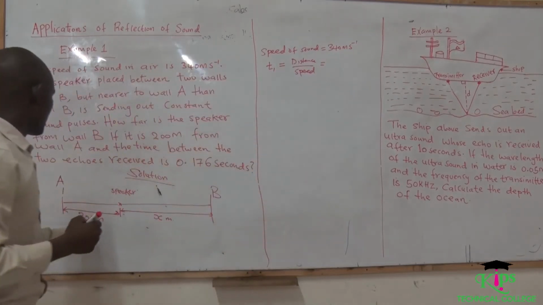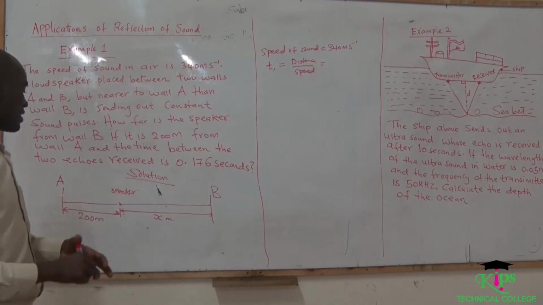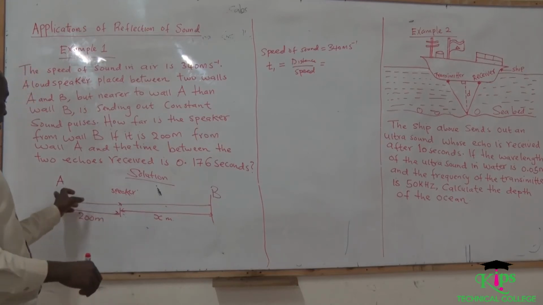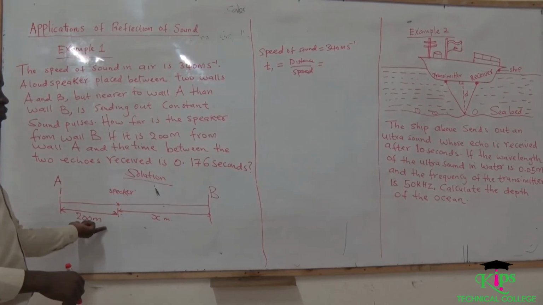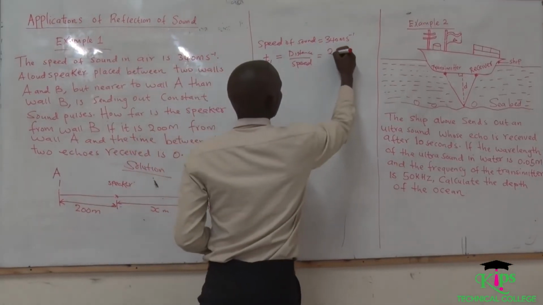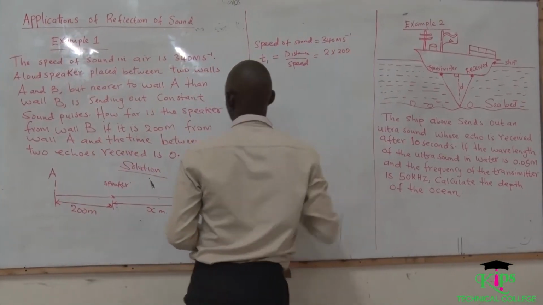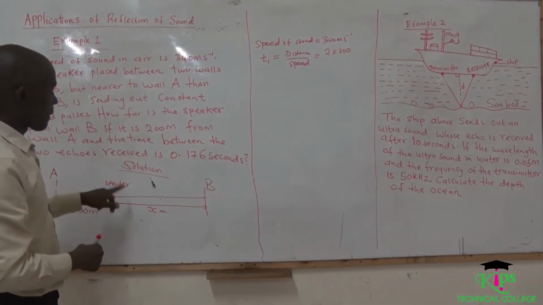We have been told the distance is 200 meters. But remember, like we have said, the sound travels to wall A, then back, so you have to double this distance. You take it as 2 times 200, simply because the sound has to go to wall A, then come back.